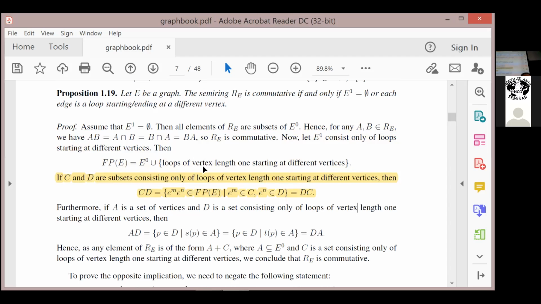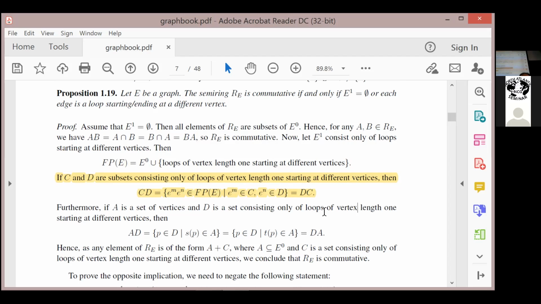So I have e^m times e^n, but obviously adding natural numbers is abelian, so e^(m+n) is the same as e^(n+m). So that's the same as DC. So multiplying elements that come from subsets of this set is also commutative.